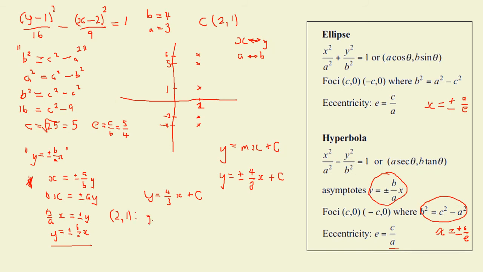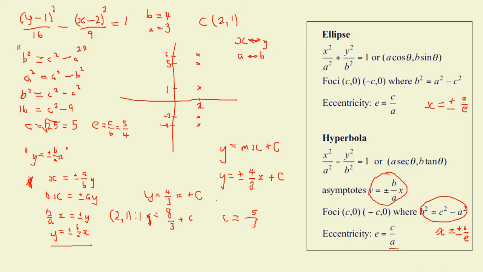So in that case, y is 4/3 of 2, 8/3, 4/3 times 2 plus c. And my y value is 1. Take away 8/3 from 1, and we've got c. 1 is 3/3. Take away 8/3. We're going to get c is minus 5/3.